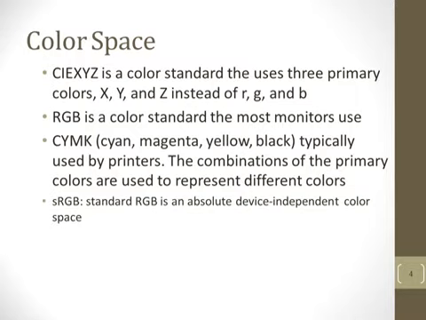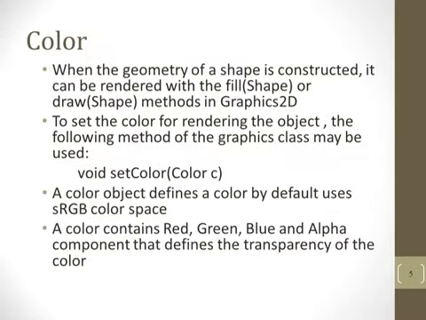You may directly specify the RGB value using the following constructors. Color(int r, int g, int b). This first version specifies the three color components using int values in the range of 0 to 255.